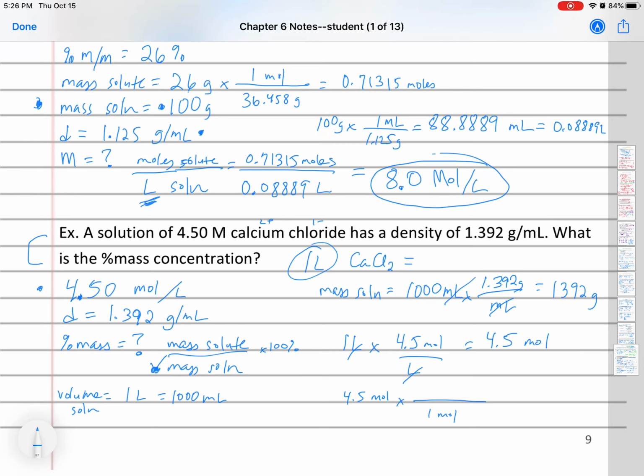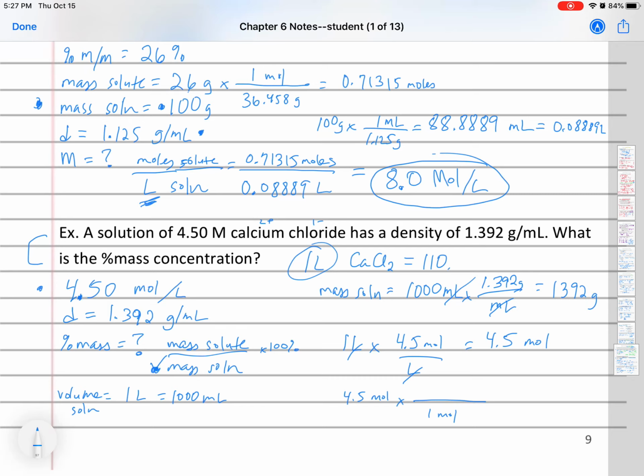So the molar mass of CaCl2 is, again, it would be helpful if I had calculated this beforehand. All right, calcium is 40.078, and chlorine is 35.45, and there's 2 of them.